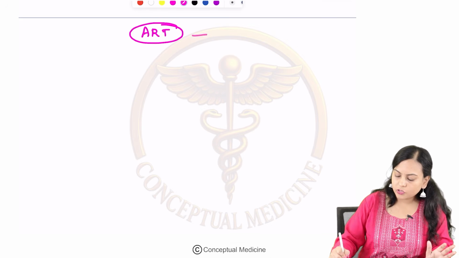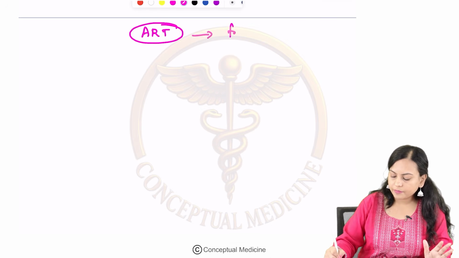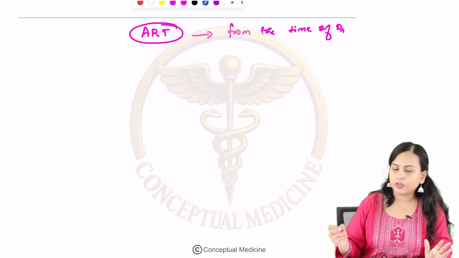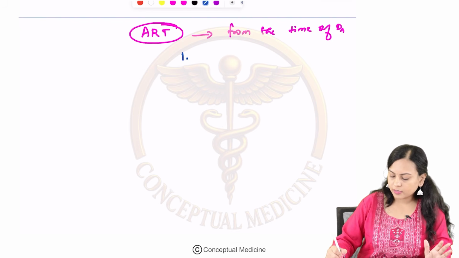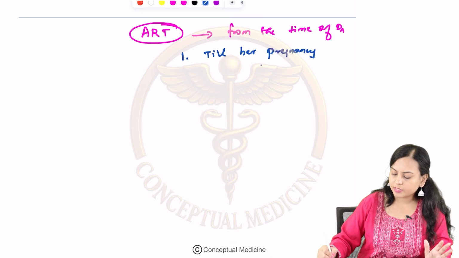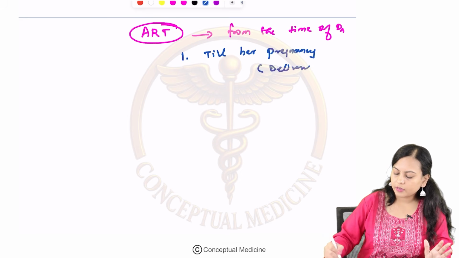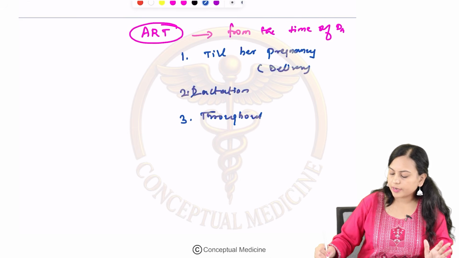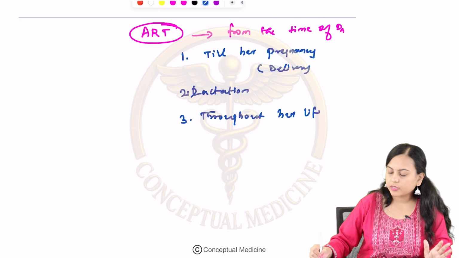Now, whenever you diagnose HIV in the mother, you have to start antiretroviral therapy. Okay, and this should be continued from the time of diagnosis till, I will give you 3 options. One, till her pregnancy period, that is till delivery, or till her lactation, or throughout her life, that is her lifetime.